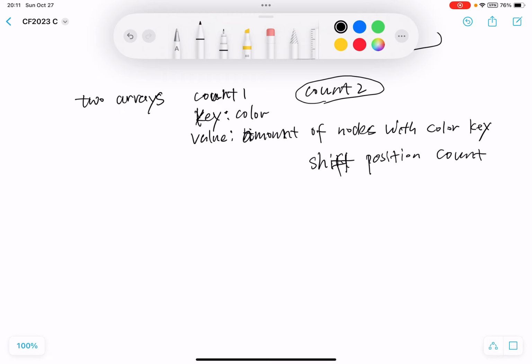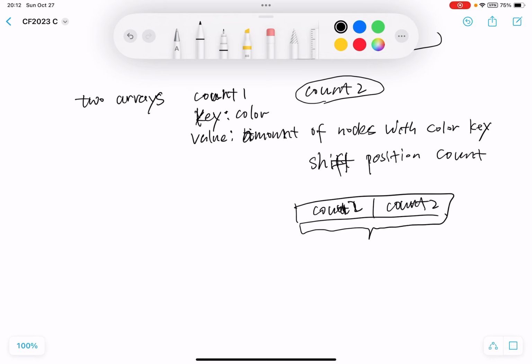There is another solution for that. That means we can concat two same count 2. That means this is count 2, this is also count 2. We can get a new count 2.